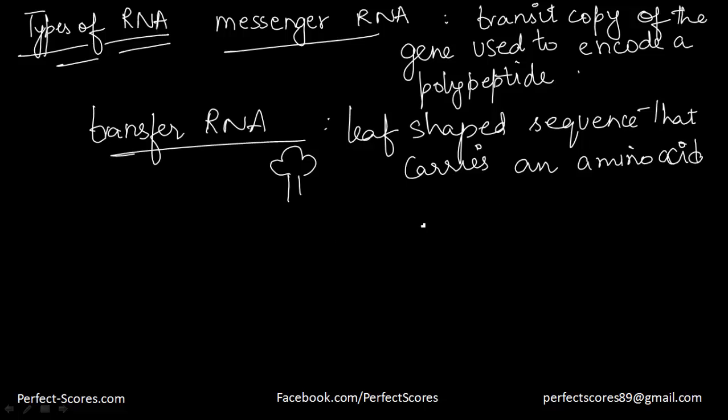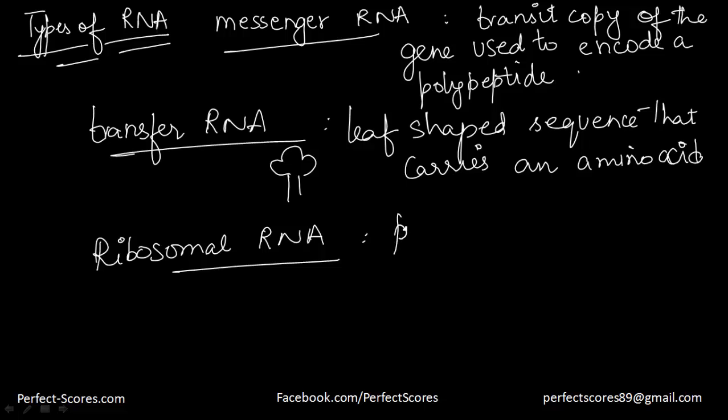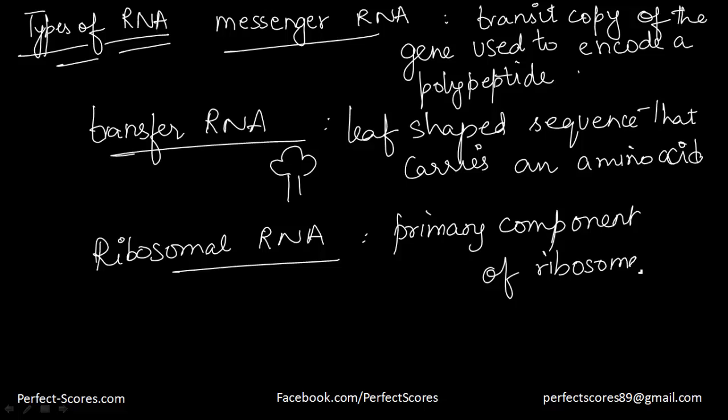So it has a number of sequences on it. And then finally, ribosomal RNA. This one is a primary component of ribosomes. So these three kinds of RNAs are going to be discussed and used in the process.